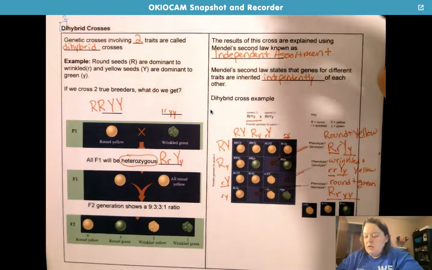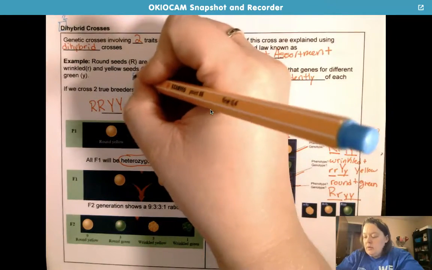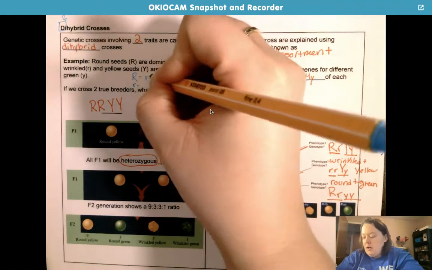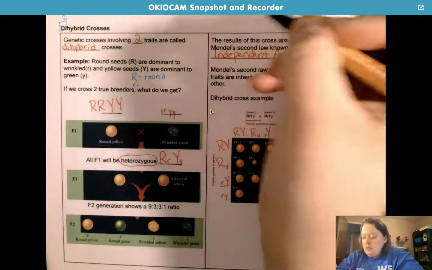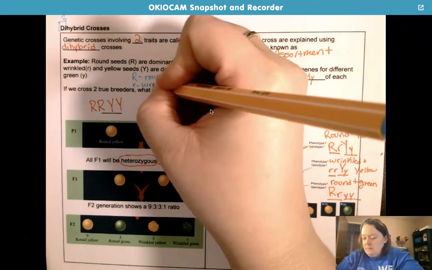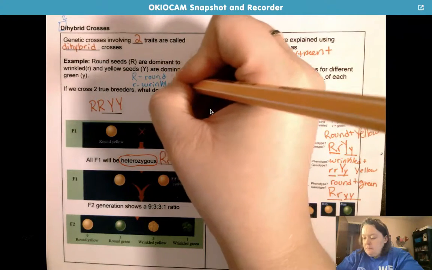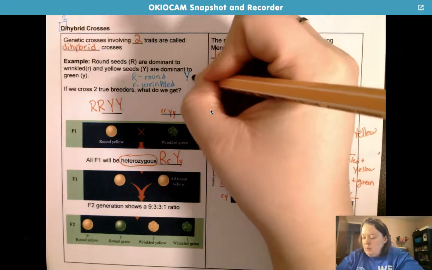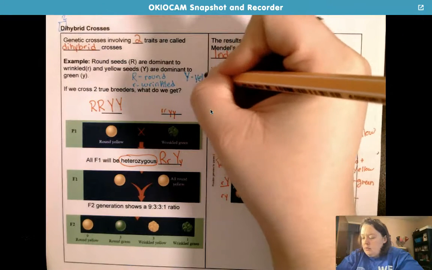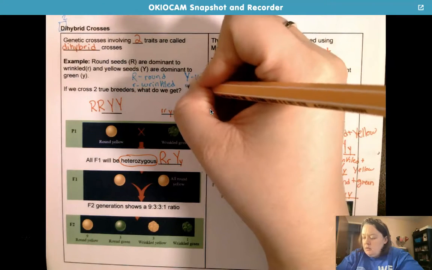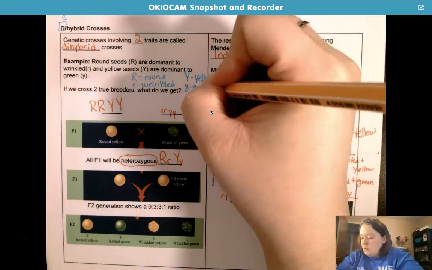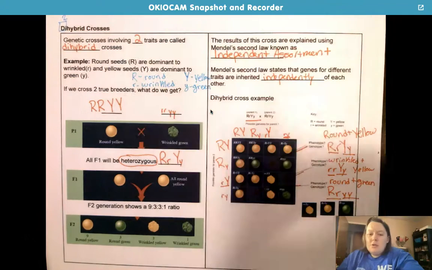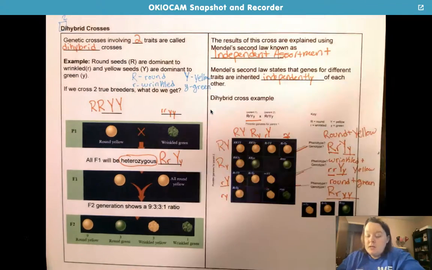So in this case, our key is just expanded a little bit, where capital R equals round, lowercase r equals wrinkled, capital Y is going to equal yellow for seed color, and lowercase y will equal green for seed color. So we're looking at both traits at the same time.